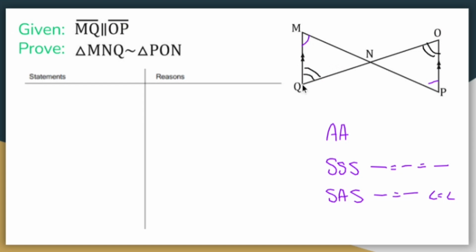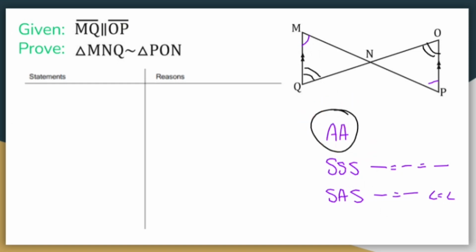So because these are parallel, these alternate interior angles are going to be congruent, and these alternate interior angles are going to be congruent. If you wanted to do these alternate interior angles and vertical angles, will that work? Sure will, because that follows AA. I'm not given a whole lot of information about my sides, so I'm not going to bother with them. I'm sticking with AA.